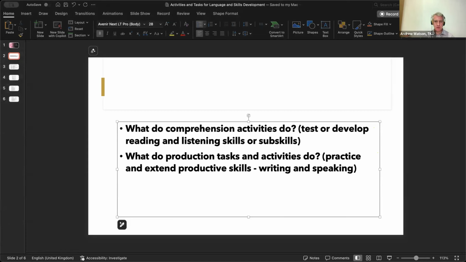Important terms, such as drill, we've encountered before, revise or review, contextualize, elicit, model, praise, and prompt. You're going to need those terms in a session. So these are going to come up in these handouts I'm going to give you.